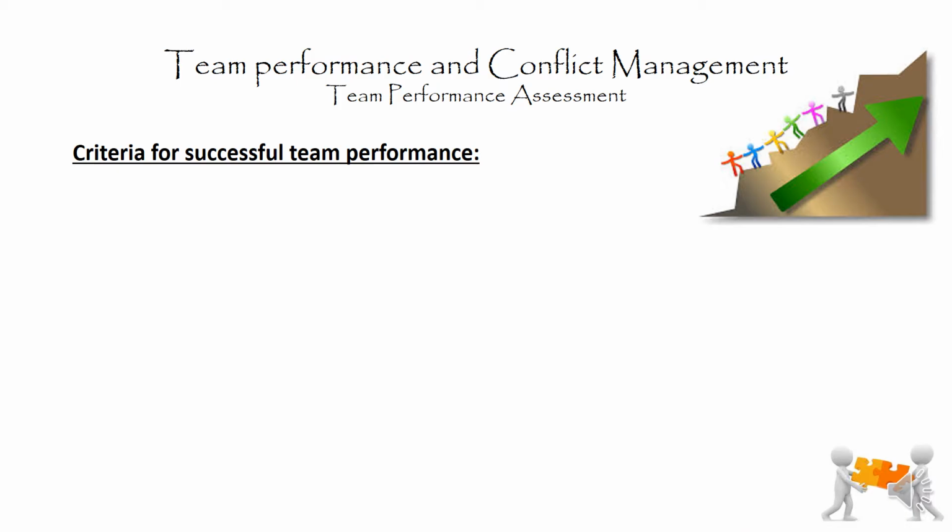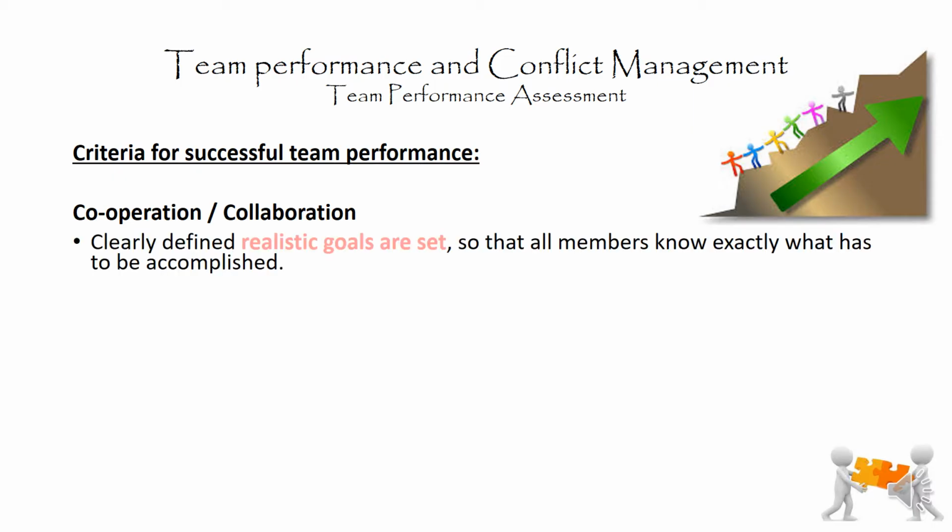The next criteria for successful team performance is cooperation or collaboration. It is important that clearly defined and realistic goals are set and that all members of the team know exactly what has to be accomplished. All right, so all your team members basically have to understand what that common goal is that they are working towards.